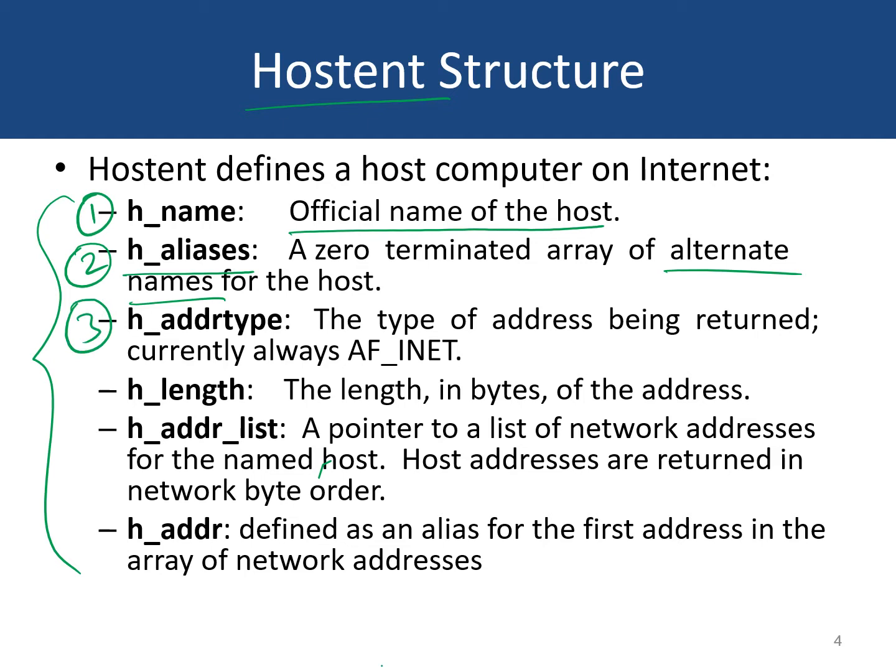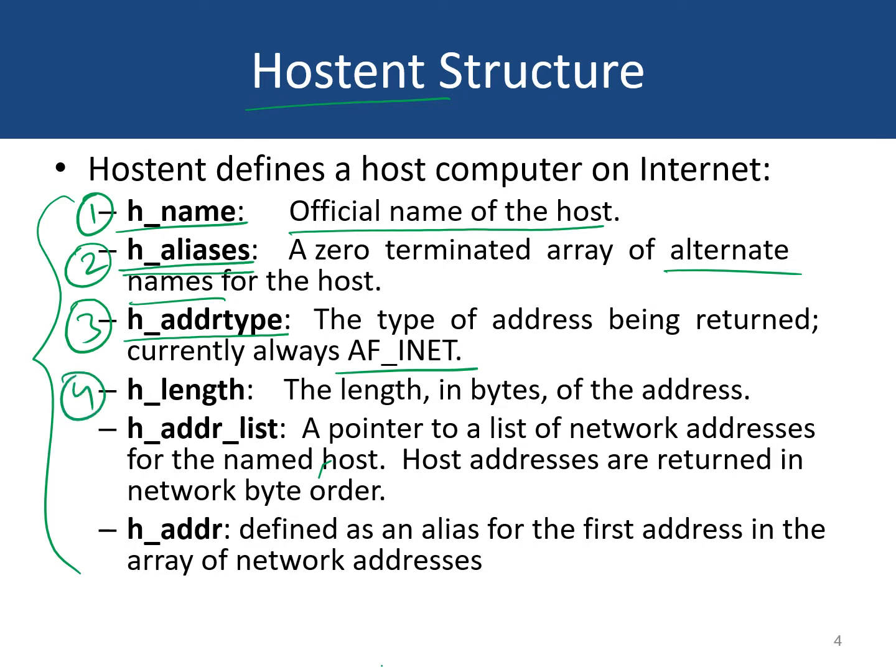The third piece of information is the kind of address that is being returned for this particular server machine or host. Recall, for internet addresses, this value would always be AF_INET. This information is contained in the h_addrtype field of the structure. Likewise, the official name of the host would be contained in the h_name field, and the list of alternate names would be contained in the h_aliases field.